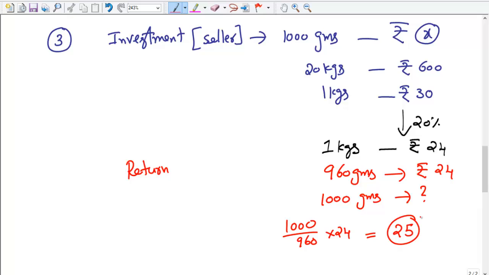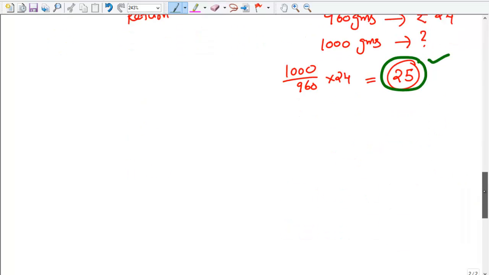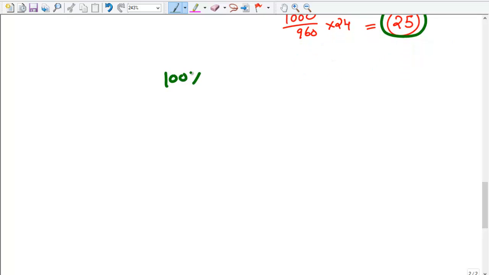His initial estimation is that he is getting 20% discount, but in fact he is not getting 20% discount. Now we know that the investment of the seller is 30 and is getting a return which is 25. So if 100% of the investment is 30, what about 25?